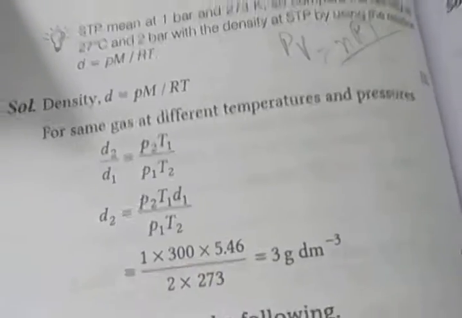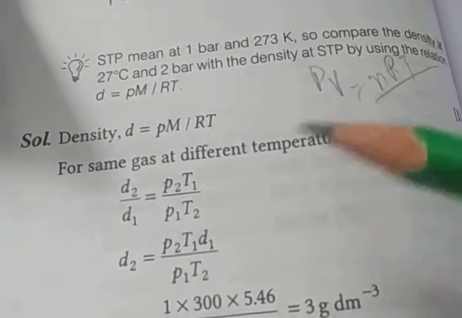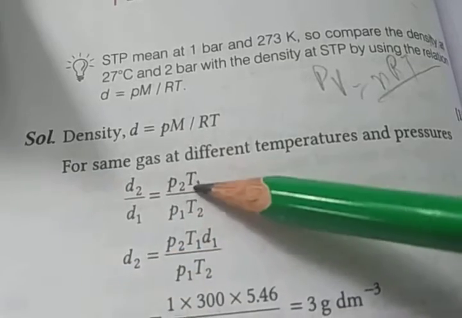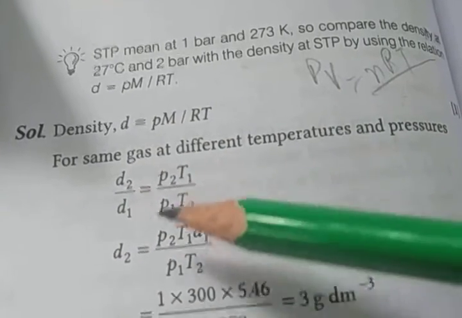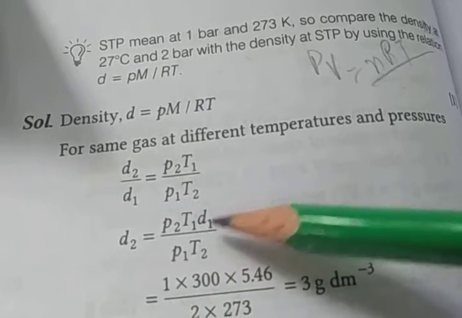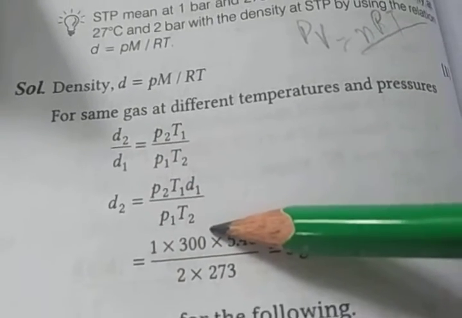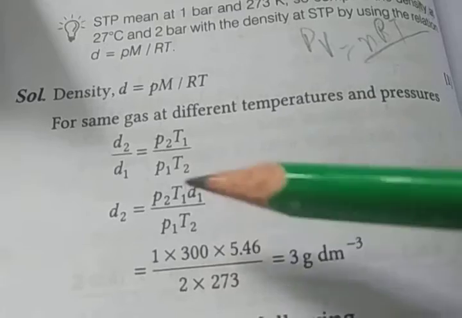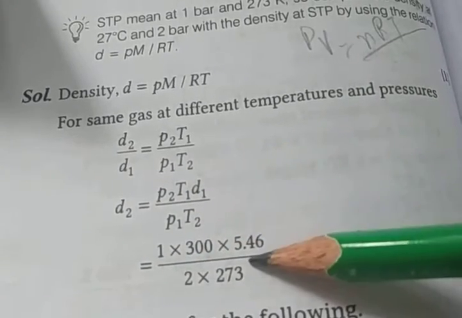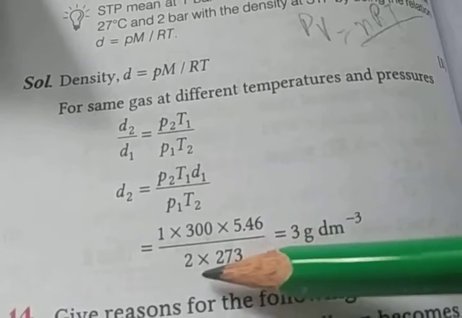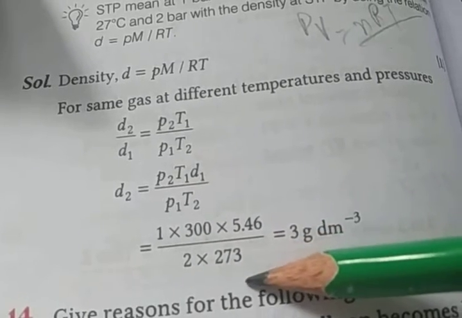So for the same gas at different temperature and pressure, D2 upon D1 is equal to P2 T1 divided by P1 T2. Clear? So D2 is equal to P2 T1 D1 divided by P1 T2. So pressure given 1, into T1 300, D1 density given, divided by P1 pressure 2, into T2 given 273.